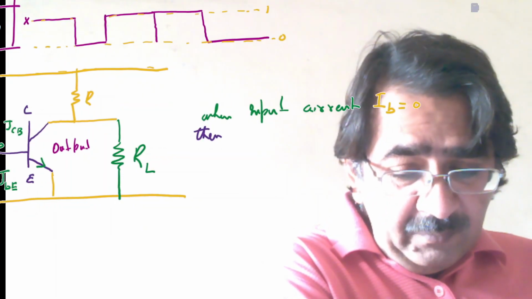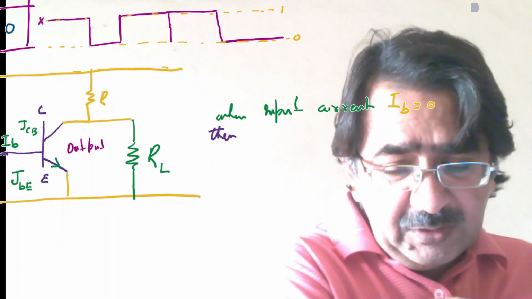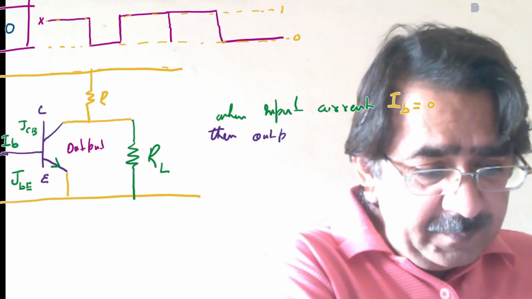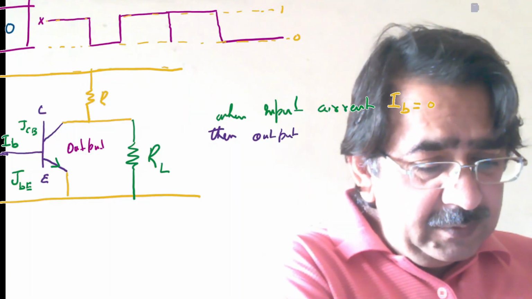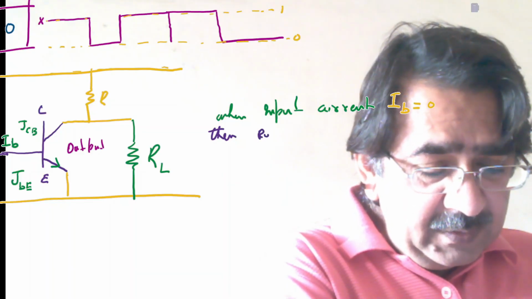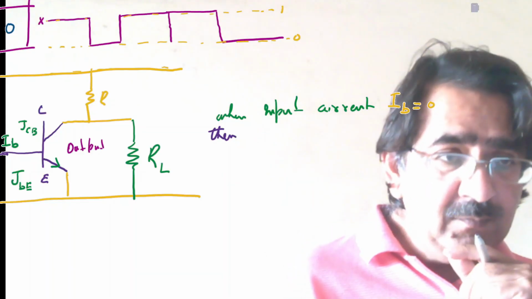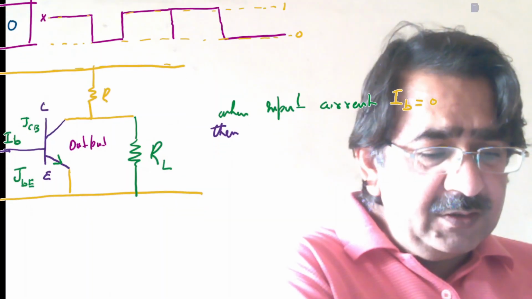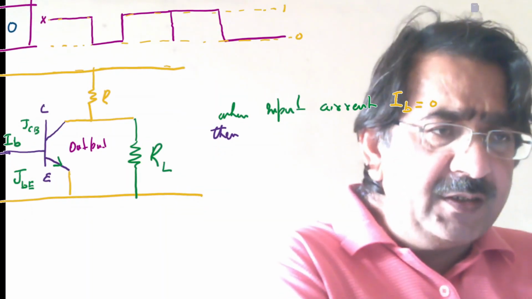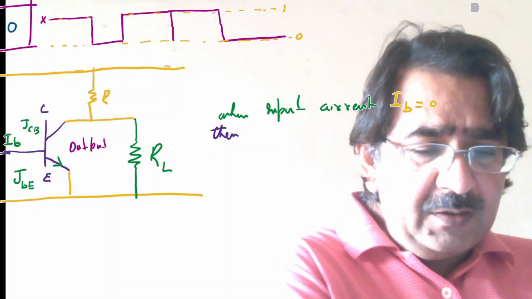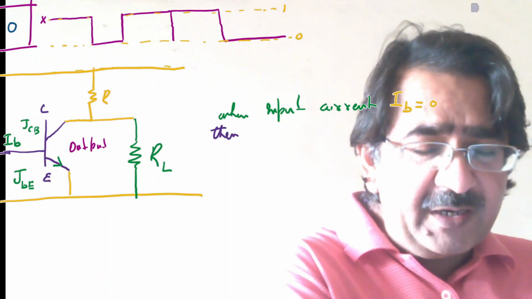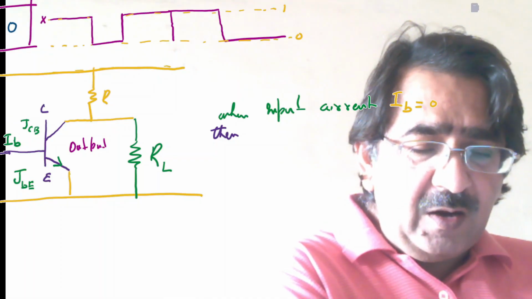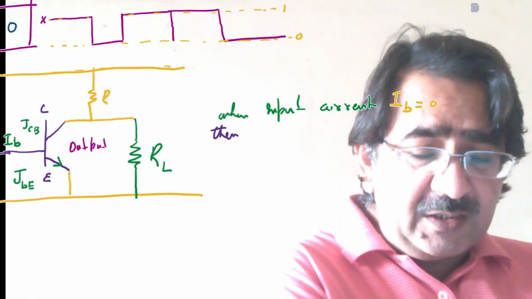then in JCB, the output, as I have already discussed in the lecture related to the output characteristic of common base transistor, as well as common emitter transistor.